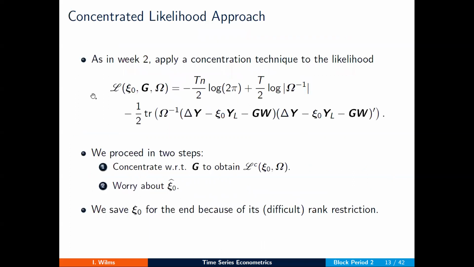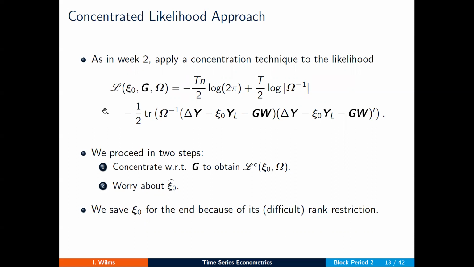Now, how do we continue with this log likelihood? Well, just like we did for the VAR, we will continue with a concentration technique. First, we will find the maximum likelihood estimator of G. So in other words, for fixed psi0 and omega, what is the optimal value of G?